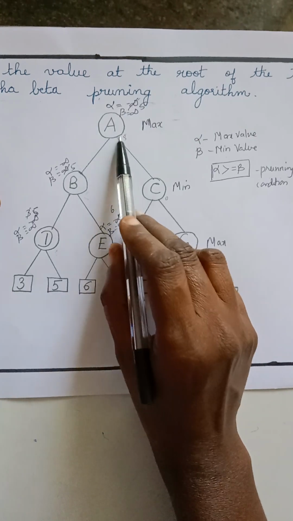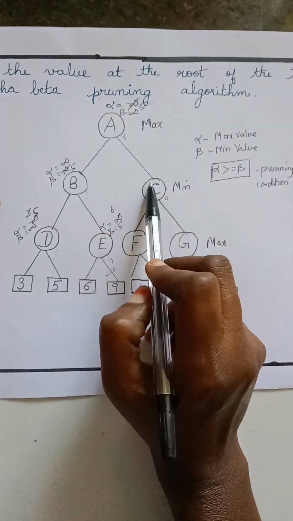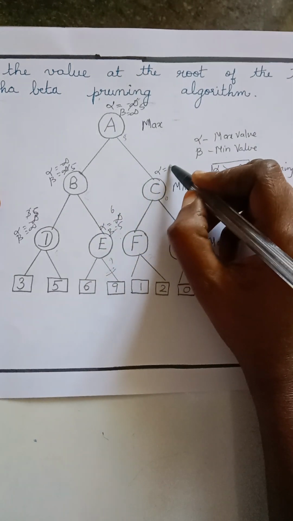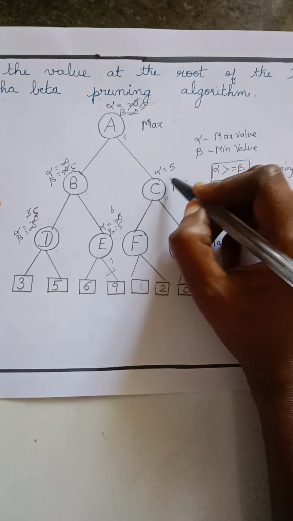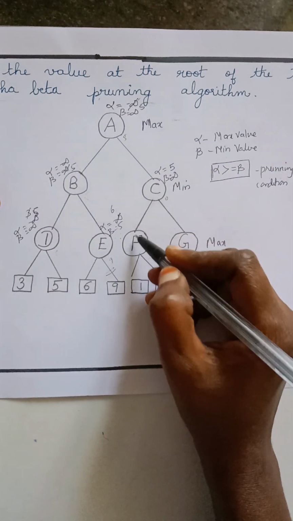Next we have to propagate the value down. When you go down, you have to bring the values down. So at this node we write alpha as 5 and beta as infinity. We go down after this node gets traversed.